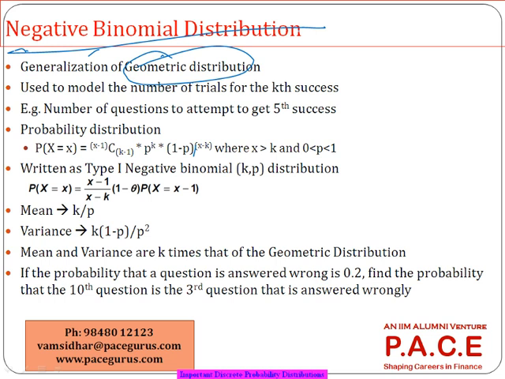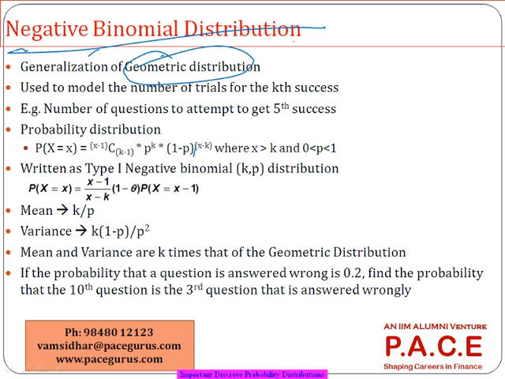If it is first success, then I can directly use geometric. But if I am looking at kth success or number of failures before the kth success, then I am resorting to a negative binomial kind of distribution, which is a slightly generalized form.